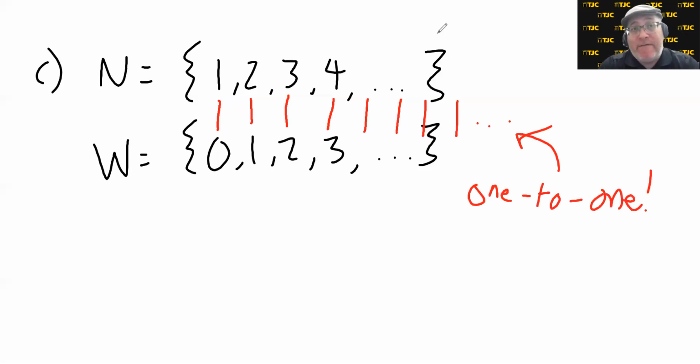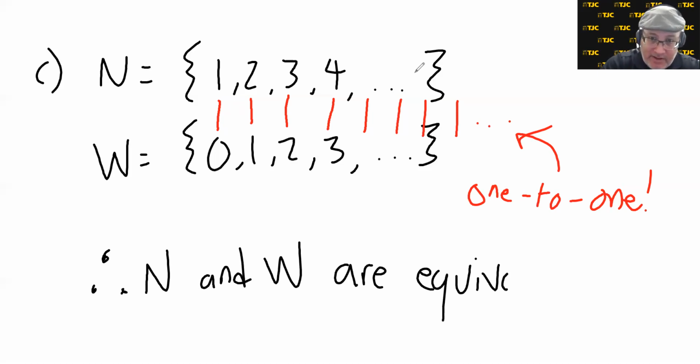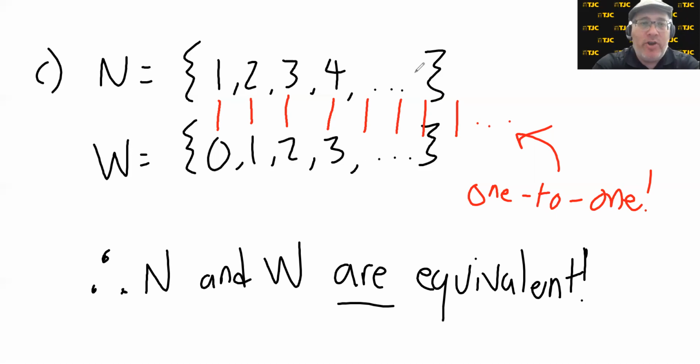And by the actual definition of sets being equivalent, if you can put them in a one-to-one correspondence, then the sets are equivalent. Therefore, the natural numbers and the whole numbers are equivalent. And this really messes with some people's heads, because how can they be equivalent when every natural number is a whole number, but not vice versa?